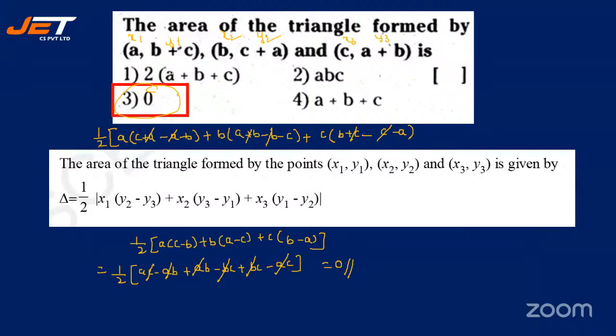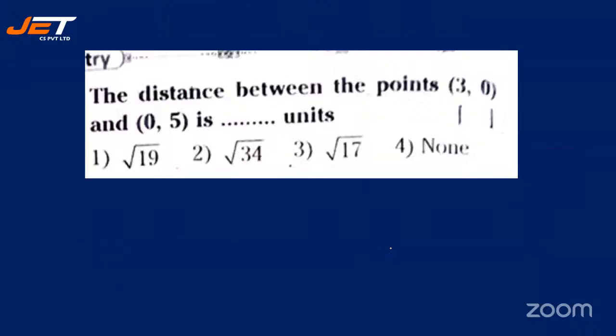Fine. So hope you all have understood and are doing it along with me. Do it along with me so that you will have a good practice. All right, let's move on to the next sum. The distance between the points 3, 0 and 0, 5. So 3, 0, 0, 5. So x1, y1, x2, y2. What is the distance formula?